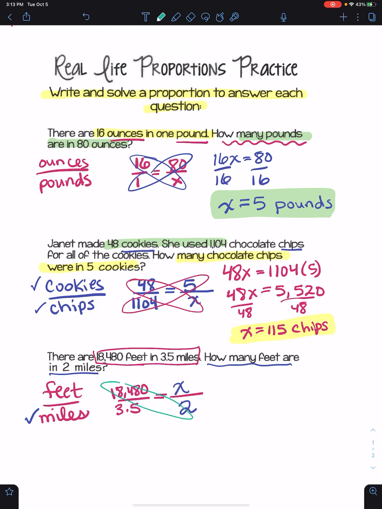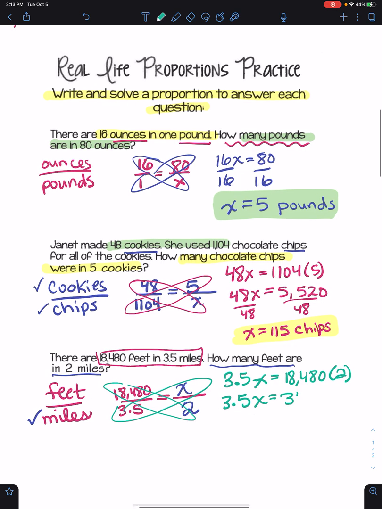So let me do some cross products to solve. 3.5 times x equals 18,480 times 2. I'm going to do that multiplication part of my problem in my calculator because I'm showing my work, so I'm allowed to do that. 18,480 times 2 gives me 36,960.